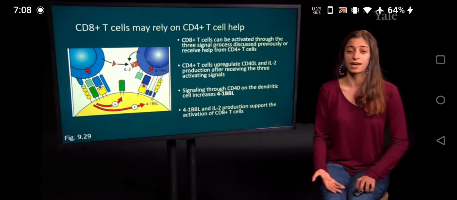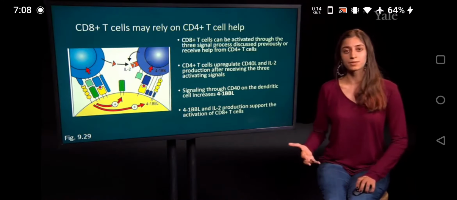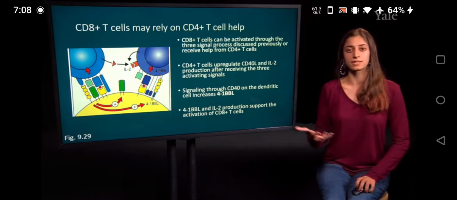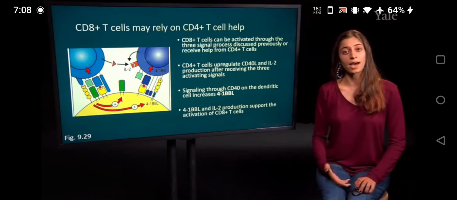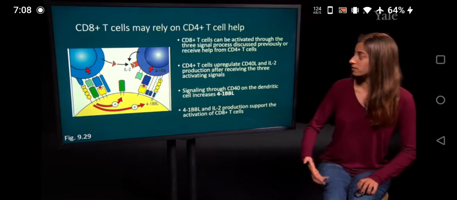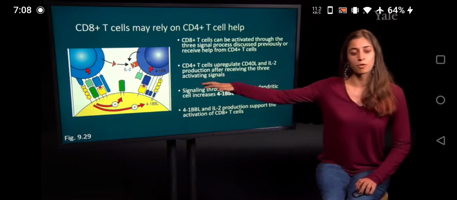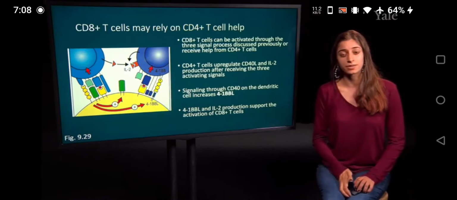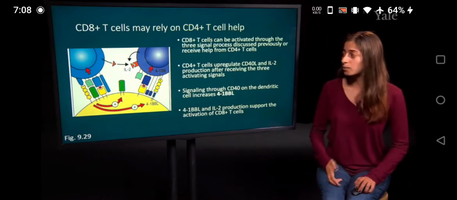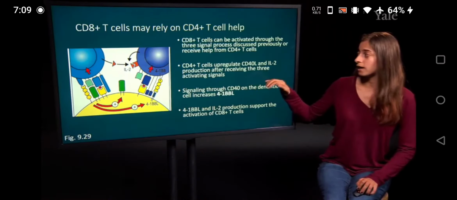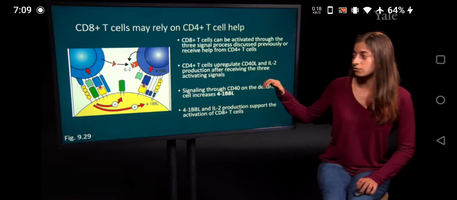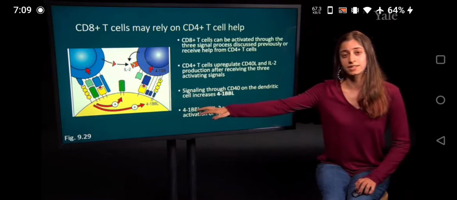Sometimes, when the antigen presented to the CD8 only weakly interacts with the CD8 T cell, it needs help from the CD4 positive T cells. When CD4 positive T cells interact with the APC, they cause the upregulation of certain co-stimulatory molecules like CD40 on the antigen presenting cell, as well as 4-1BB.